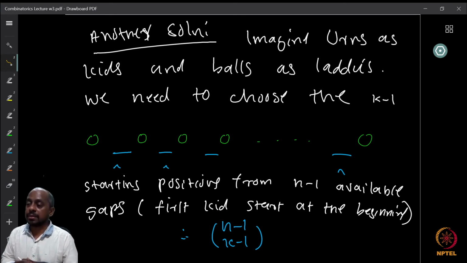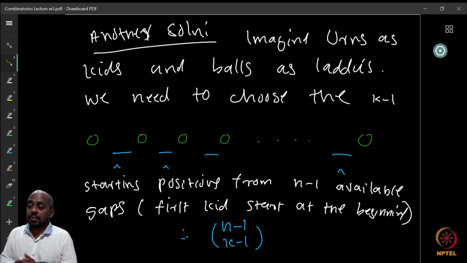We already solved this question, ledus and kids. So we want to distribute the ledus to the kids so that everybody is happy, everybody gets at least one, because that's what we want when we want surjections. So basically the ledus have to be distributed to the kids who are the urns.